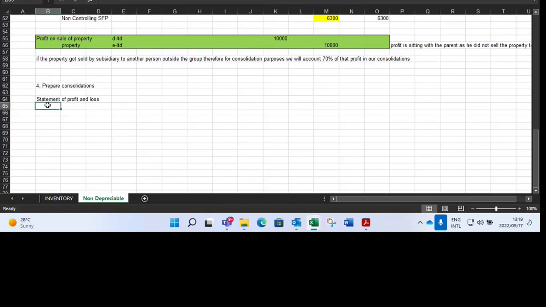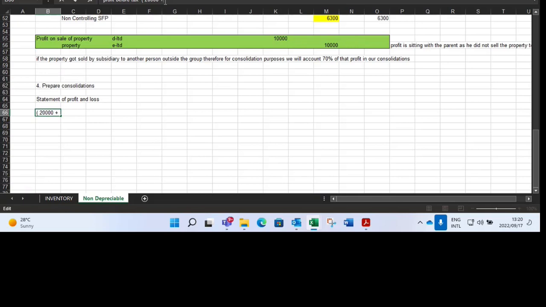So for the statement of profit or loss, we're going to start with the profit before tax. So the one for parent is how much? Profit before tax for the parent, from the SPL. 20,000. Okay. So 20,000.